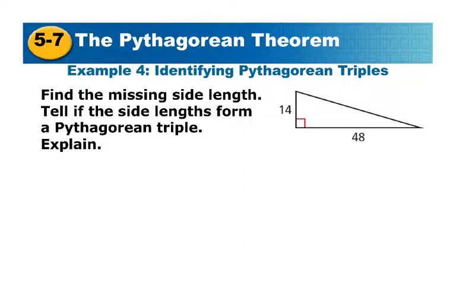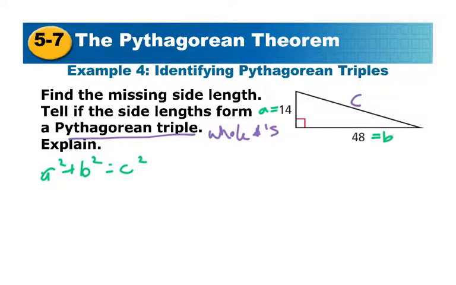Alright, so this next one here, we're going to find the missing side length and tell if it's a Pythagorean triple. Well, how do we know? We need whole numbers. So if the answer to this here is a whole number, then we can go ahead and say that it's a Pythagorean triple. So either way, we know that's our c value. We also know that this could be a and this could be b. So we just put it into our Pythagorean theorem. We don't know what c is, but we'll get there.